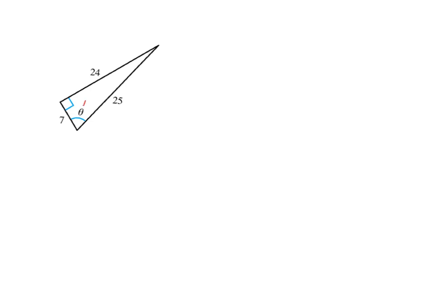The opposite side of theta should be 24. And the hypotenuse is always opposite to the 90 degree angle, so 25 is the hypotenuse. The third side, we call it the adjacent side, which is 7.